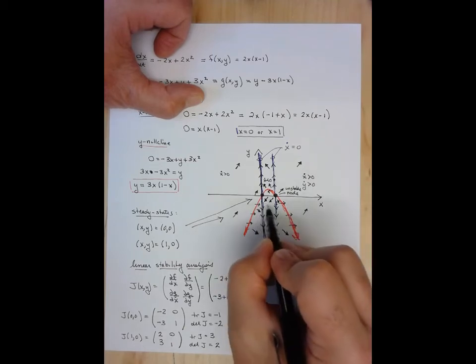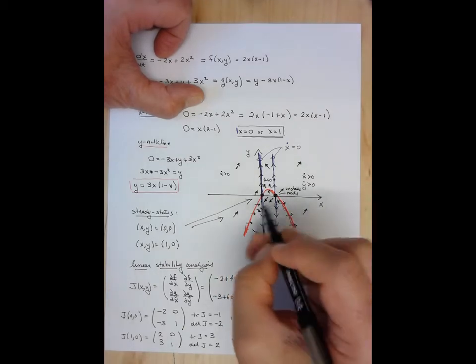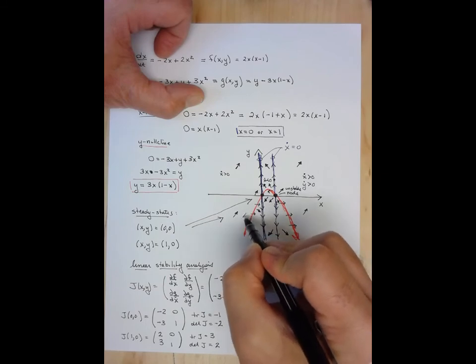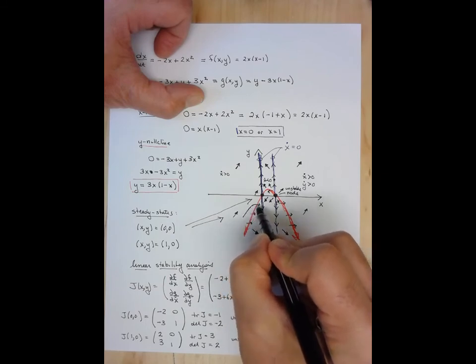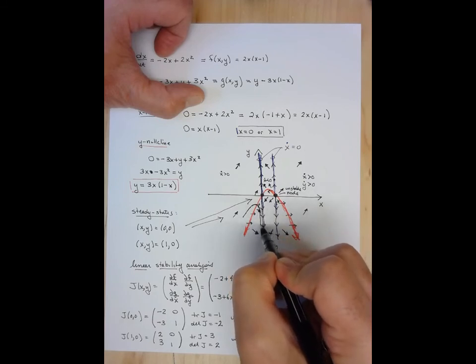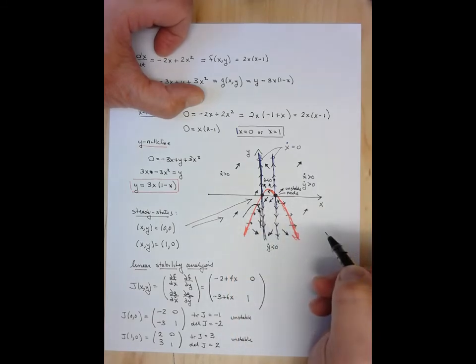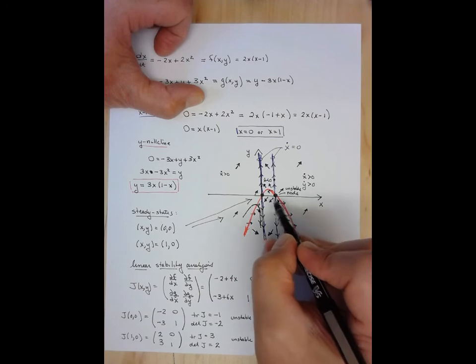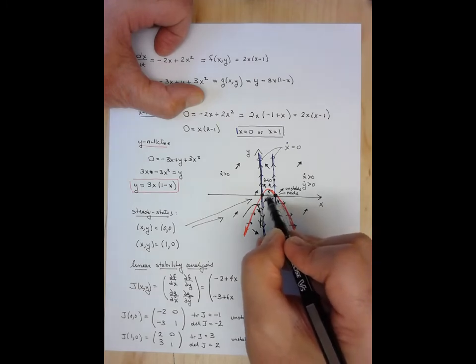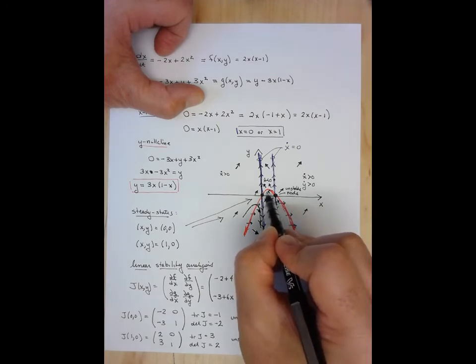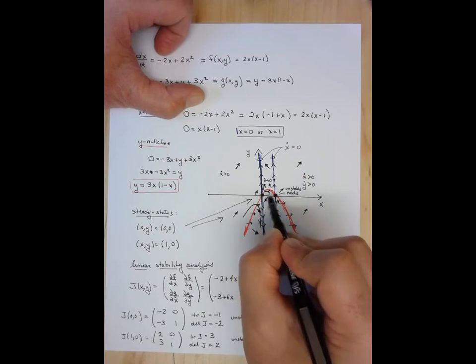So when I look at these flows, this looks very much to me like a saddle, because if a solution was moving in this direction and then crossing the nullcline in that direction, it would have to move down, and it would asymptotically approach that axis. If a solution actually crossed this nullcline in this direction, it would then move upwards like that.